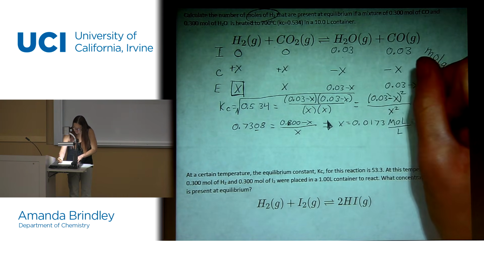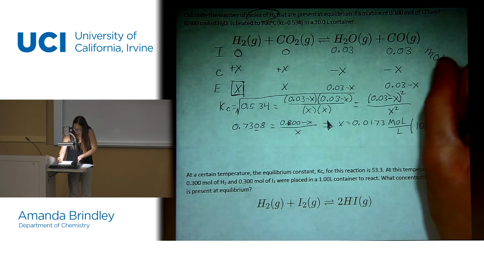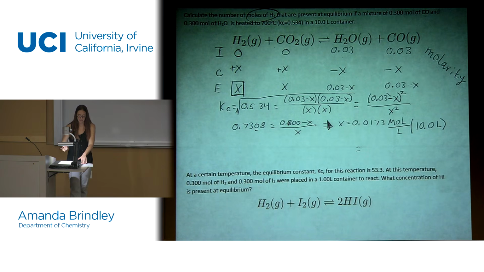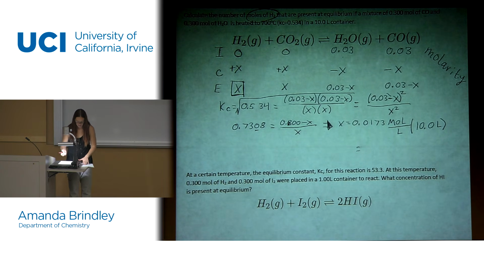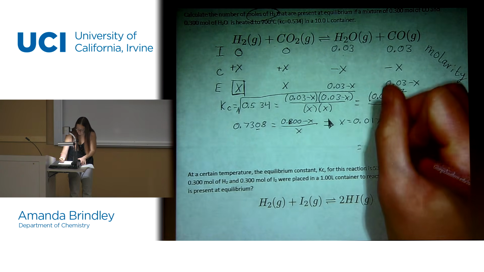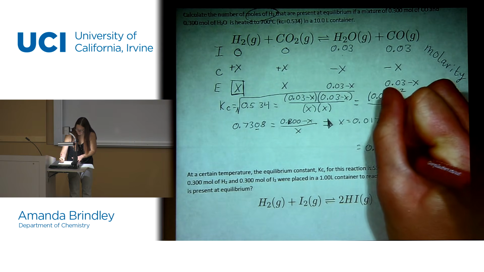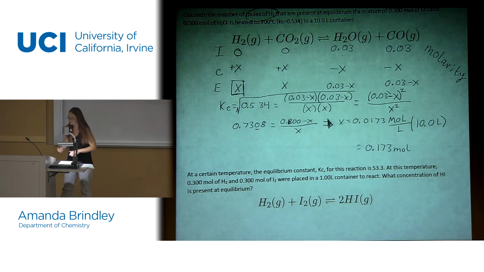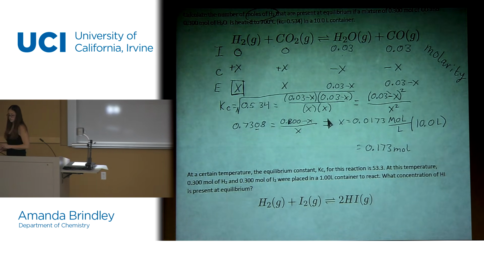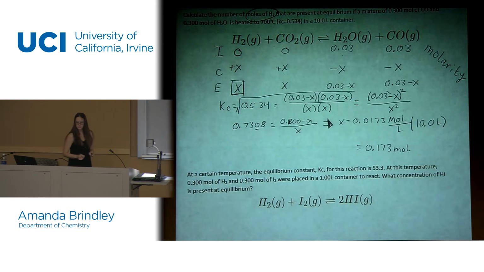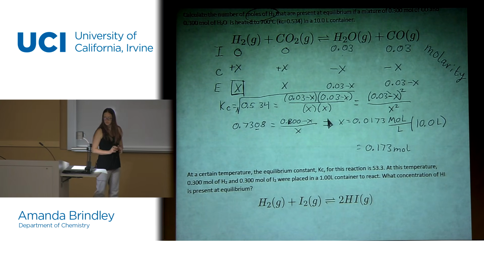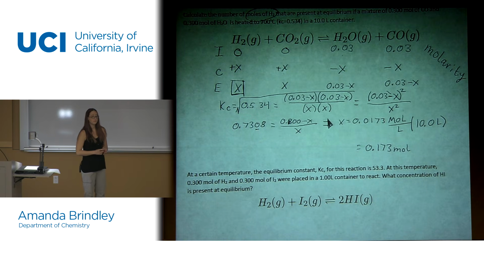This is moles per liter, so we just need to multiply by 10 liters, because they didn't say that our container changed volume, and we get our final value. Okay.